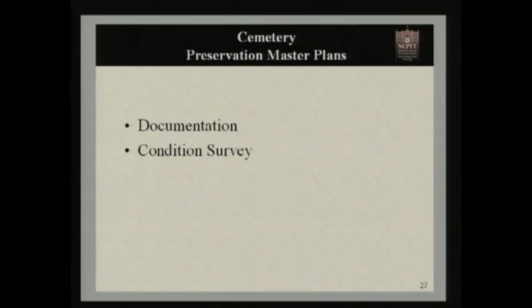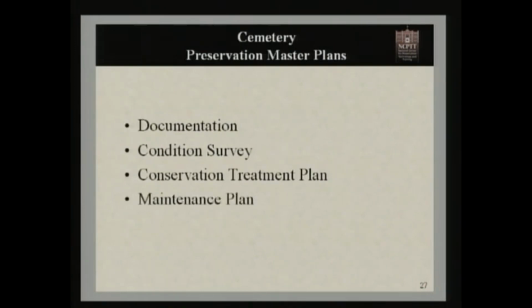You'll have a conservation treatment plan, and this is a guide, a little bit like a strategic plan, of which stones or monuments you're going to work on first, and how you're going to progress. Another important aspect of the preservation master plan is your maintenance plan, and this tells you how you're going to deal with topics on a regular cycle.